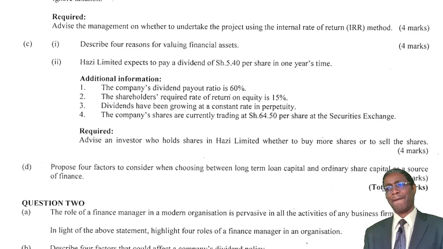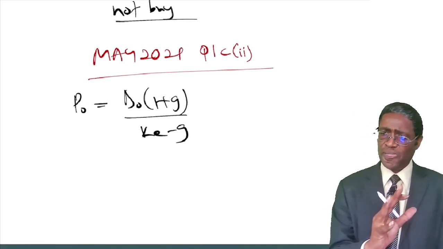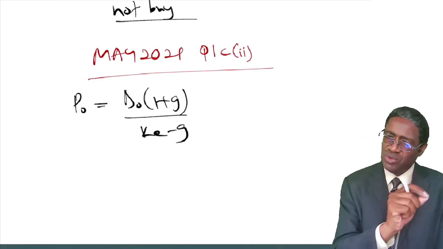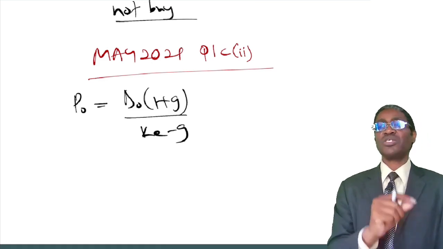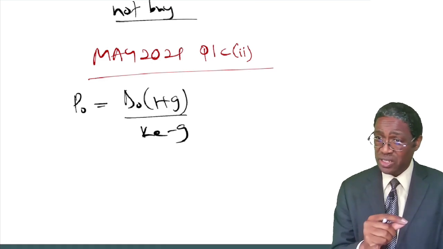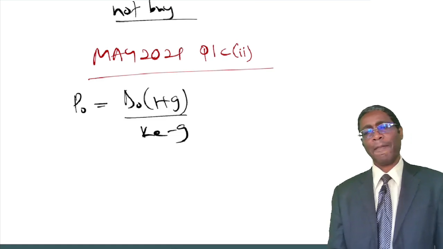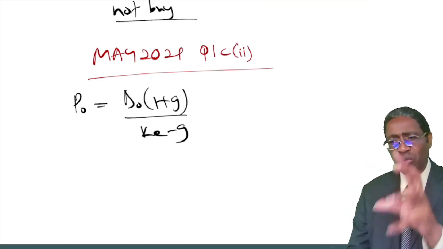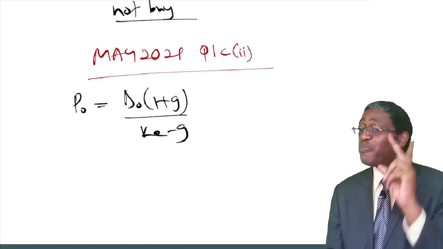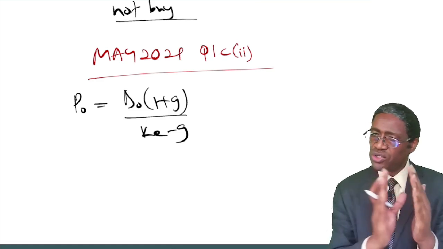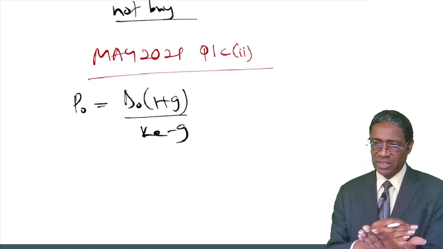I told you, even when we were doing the topic of cost of capital, that sometimes the examiner gives you the last dividend paid, that is the recent one, or sometimes he does not give you the recent dividend paid, but he gives you the expected dividend. So how you use this formula depends. In the last question we did, we were given the history of the payments of dividend.